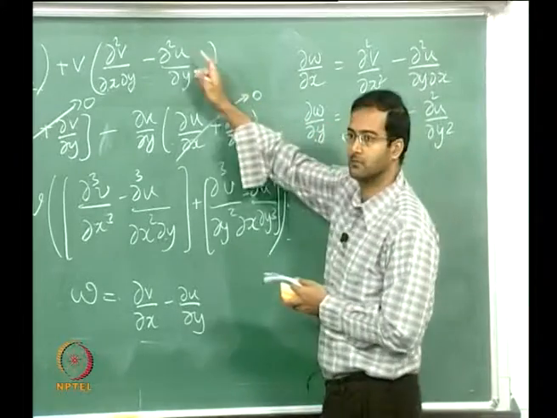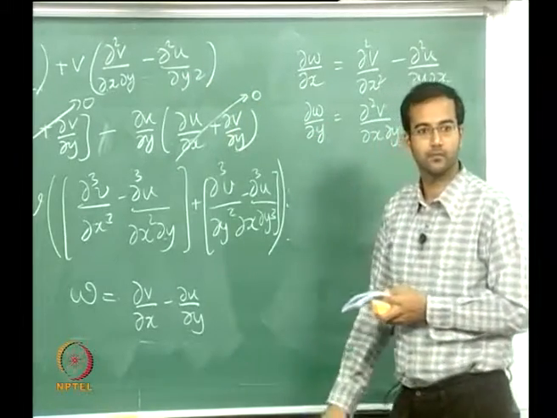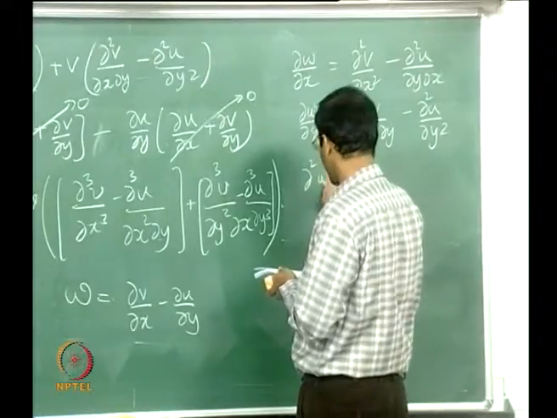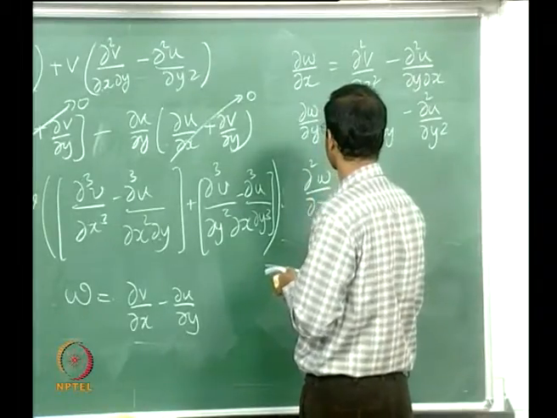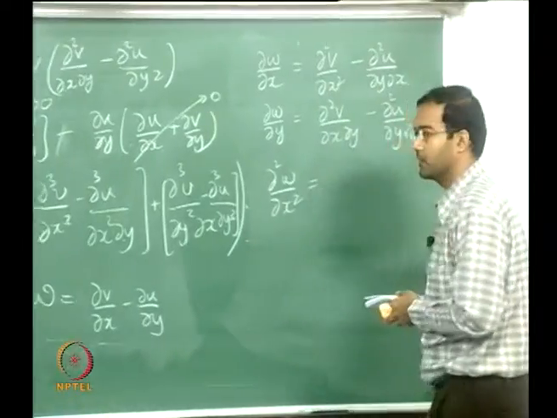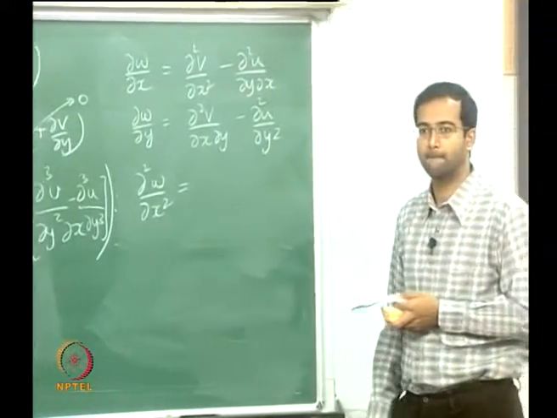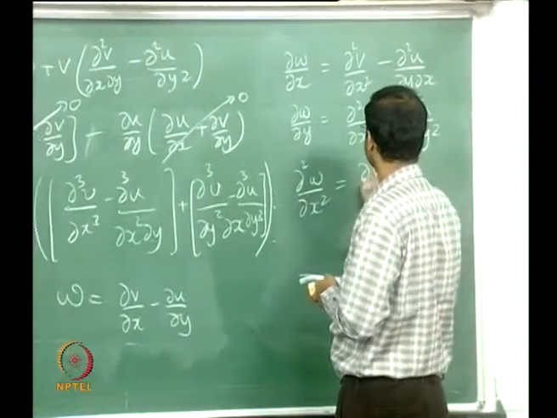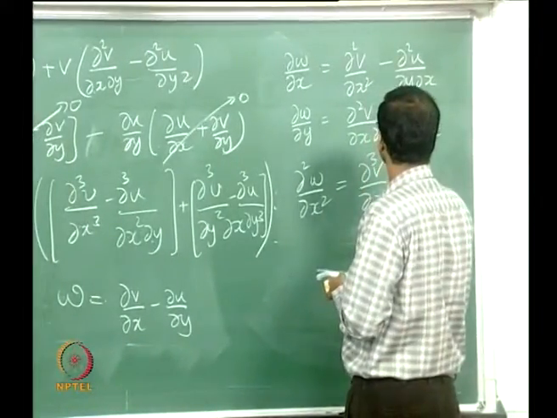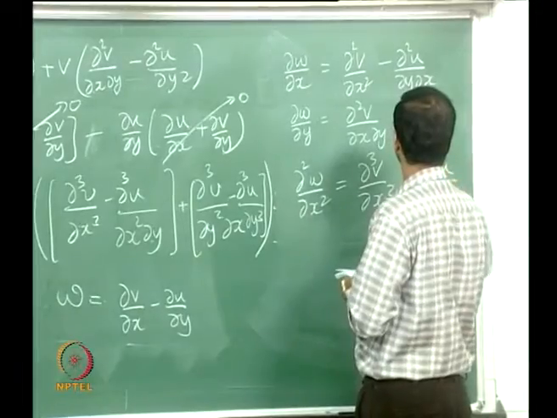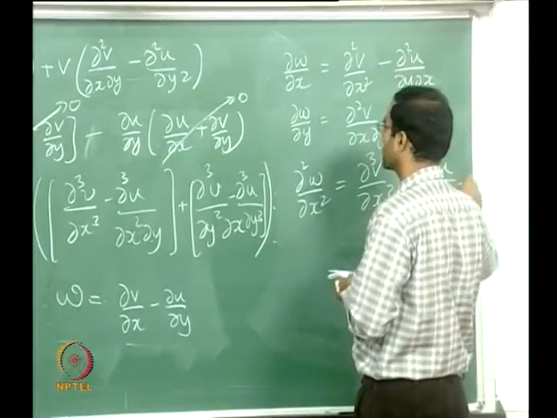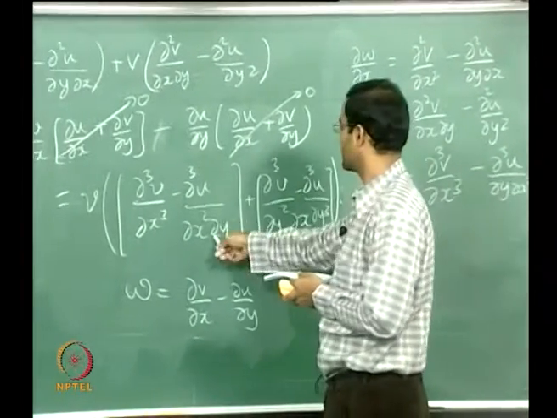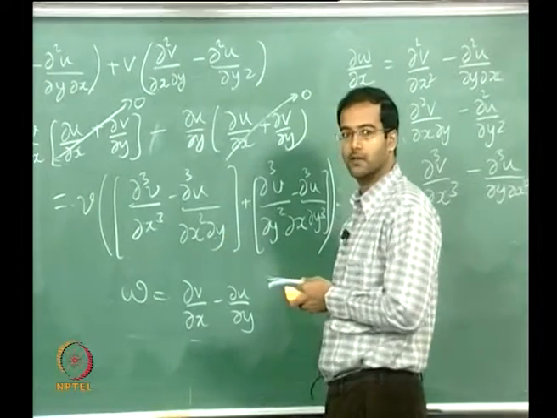That is this term right here. Now if you take the second derivative, d square omega by dx square, can you tell me what the second derivative will be? So this is this term right here.